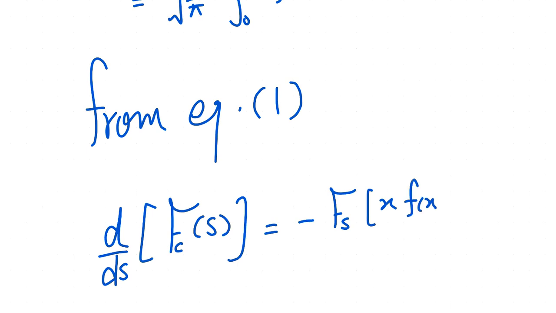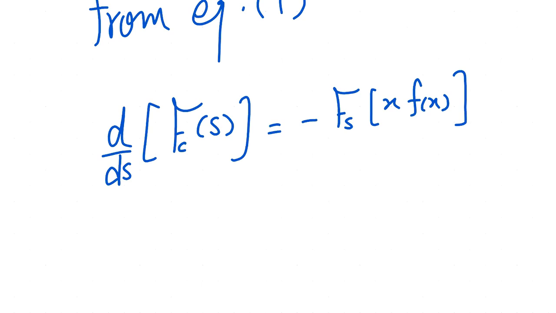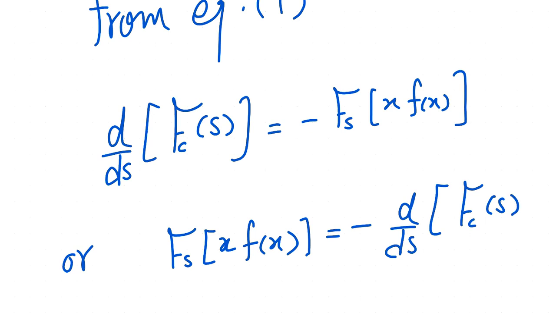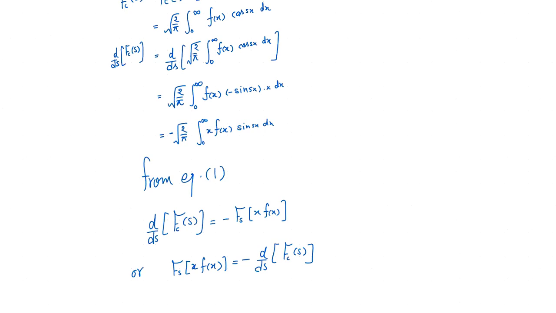Or we can write Fs of x fx, the sine Fourier transform of x fx, is equal to minus d over ds of the Fourier transform of cos of s. See, Fourier transform of cos we can say. You got it? Yes, ma'am. Similarly, you can do the second part also.